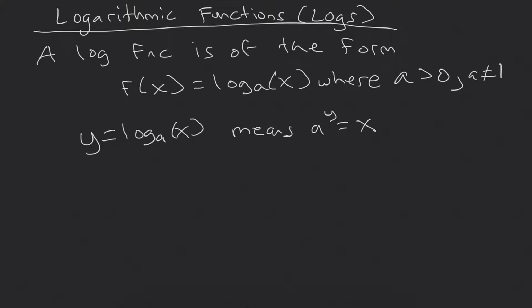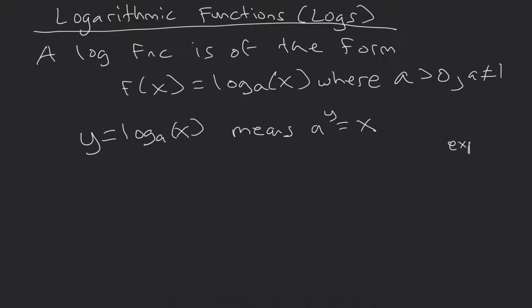And so a couple things to say here about this. So, right back to that a is greater than 0 and a is not equal to 1, that comes from exponentials. The reason it comes from exponentials is logarithms and exponentials are inverses of one another. If you look at what I just wrote down here last, log base a of x equals y means a to the y equals x.